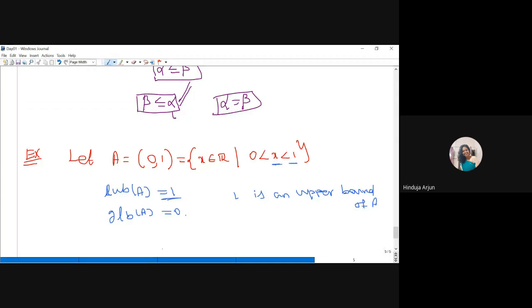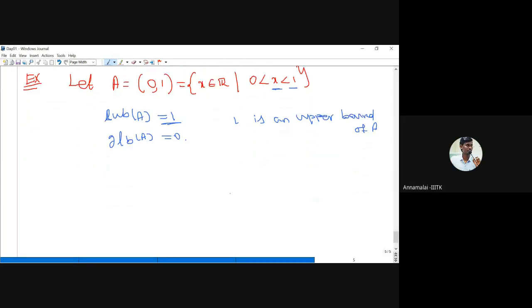If you remove some positive quantity from 1, the resulting number need not be an upper bound. Otherwise, we take some other upper bound, let b be an upper bound of A, and we have to prove that 1 is less than or equal to b.